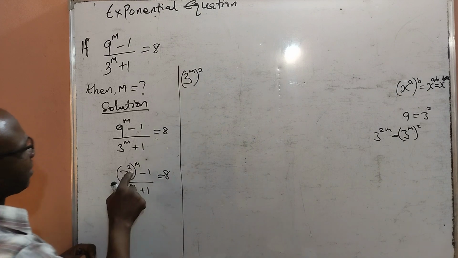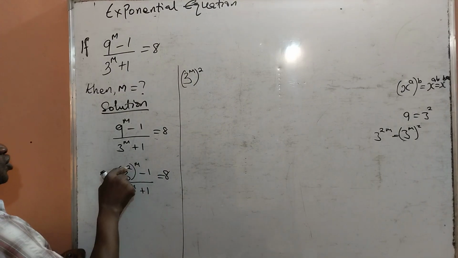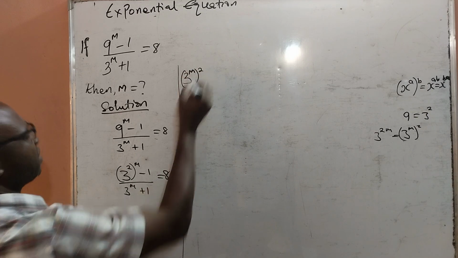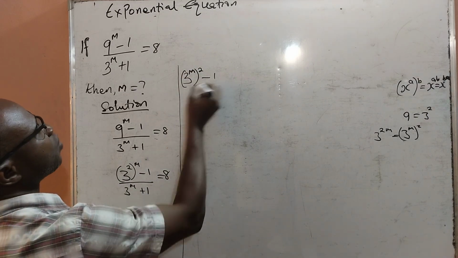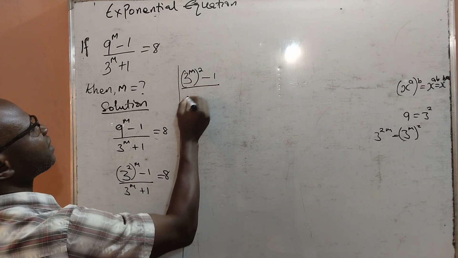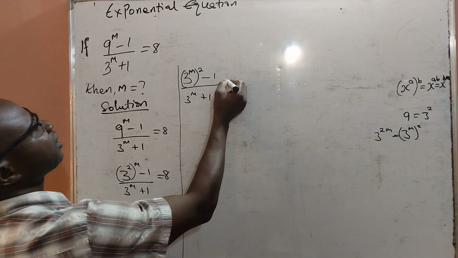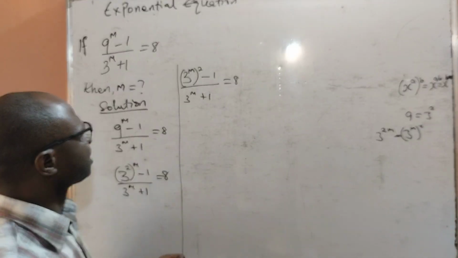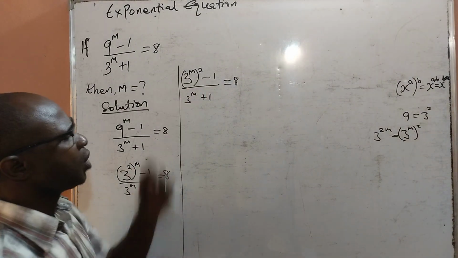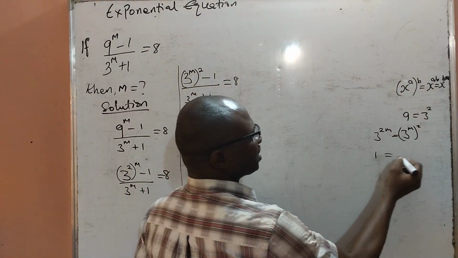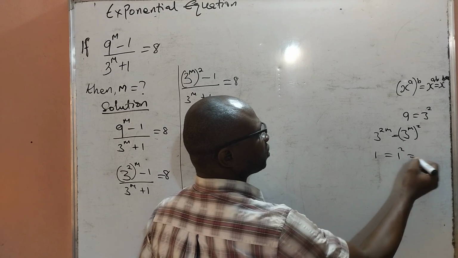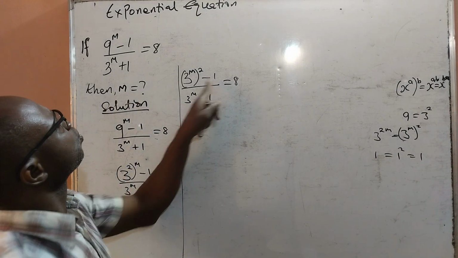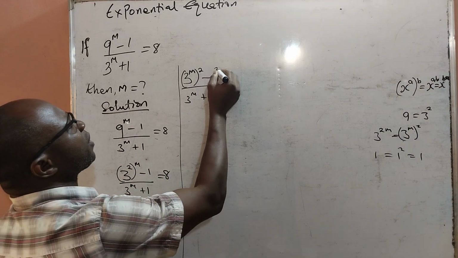Therefore, I can now write it as n coming inside and 2 going outside. And at the end of the day, I have minus 1 all over 3 raised to power n plus 1 equal to 8. At this point, I want you to notice that 1 is the same thing as 1 raised to power 2, which is still 1 for me. So I can write this one as 1 raised to power 2.